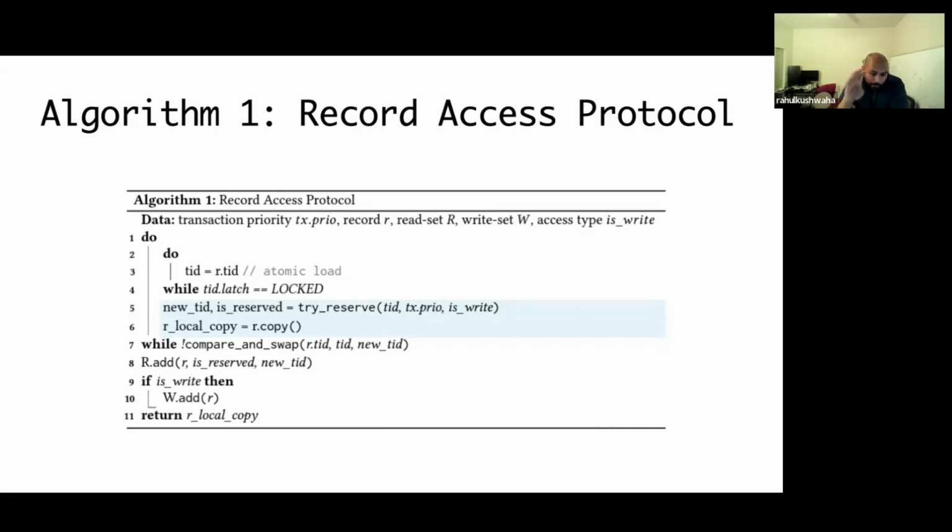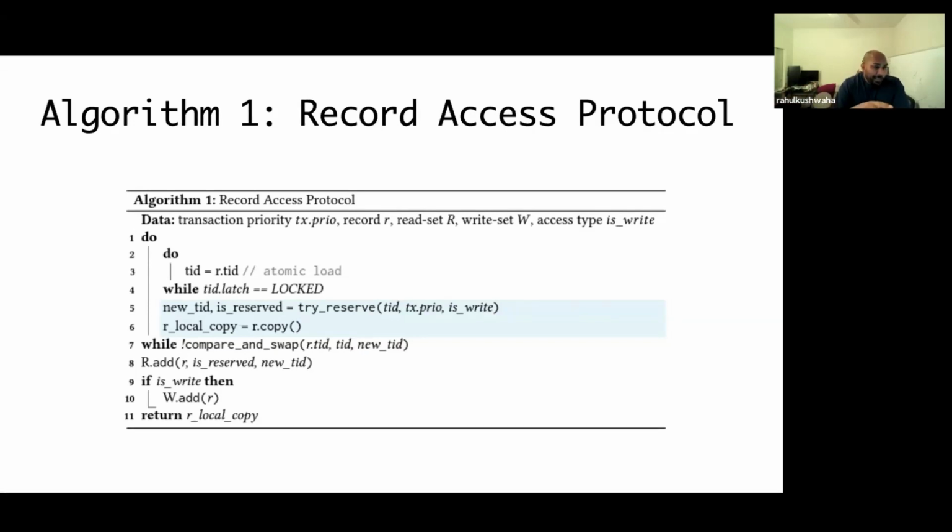So if you're reading 10 data items, all these 10 items will have transaction IDs, and all these IDs will have their data version, priority, reservation, all that we already talked about. The latch is only a single bit, and if it's not locked, we try to reserve the record.